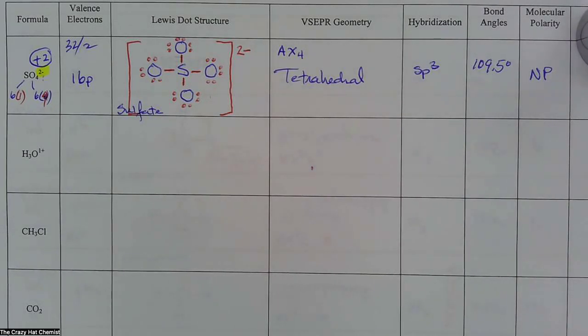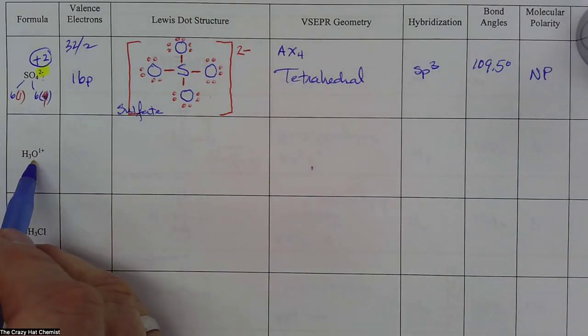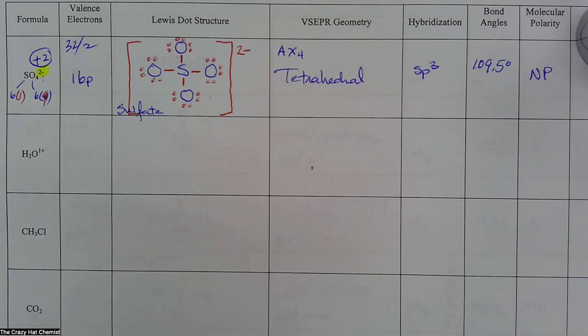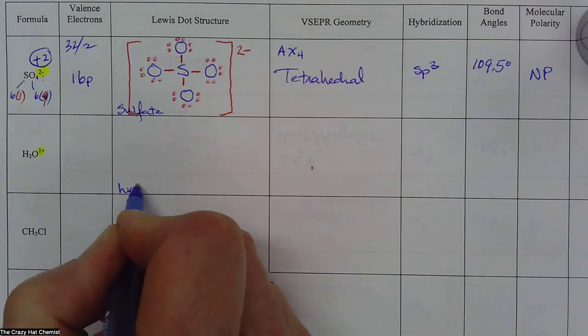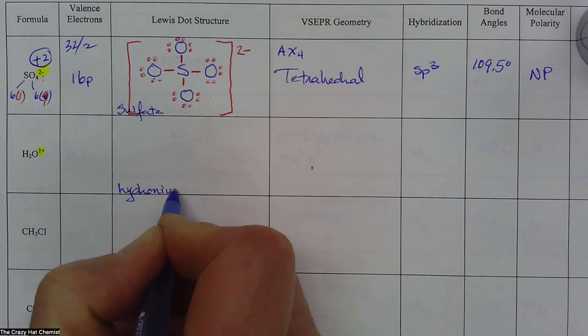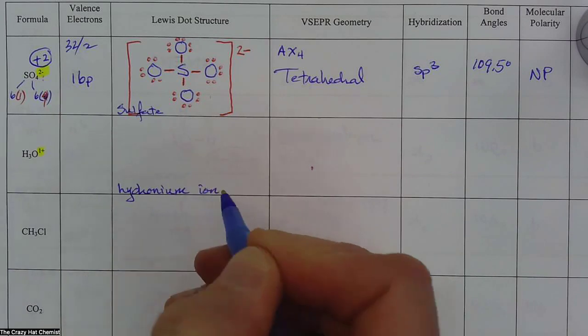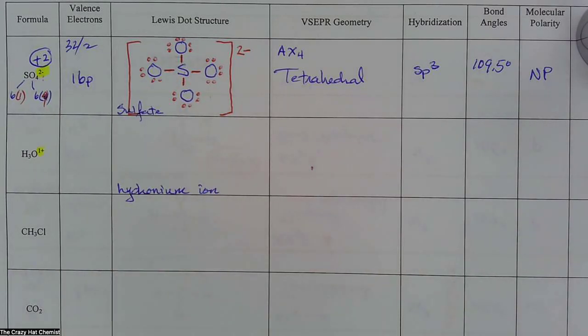Perfect. All right, we're going to do the next one, and this is also a charged molecule. It's not an ion. This is called the hydronium ion, and when you get to acid-base chemistry, this is going to be most important.